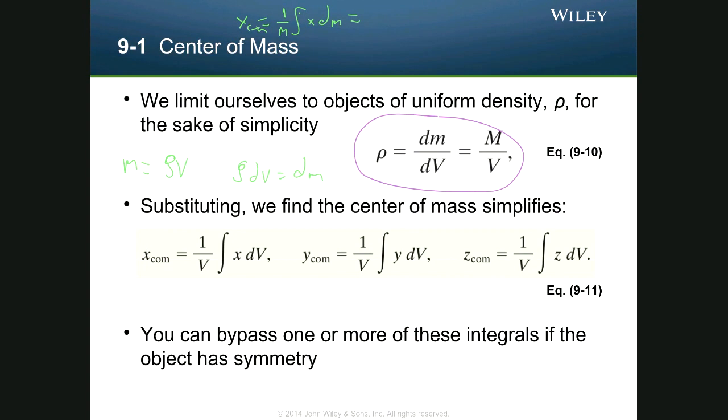So we have 1 over m, our total mass, because that's a constant, and that's going to equal the integral of rho x dv, or sorry, dv. And then this will be equal to rho over m times the integral of x dv.